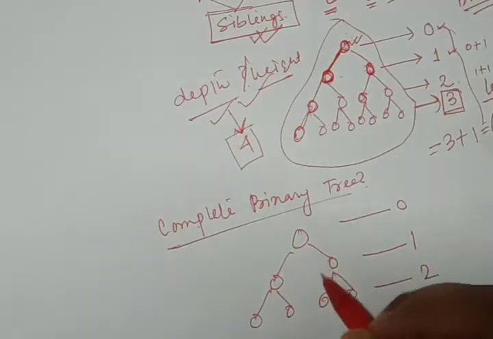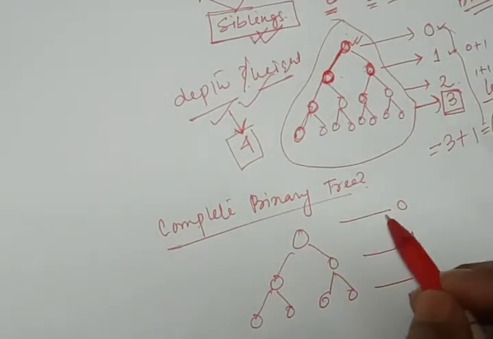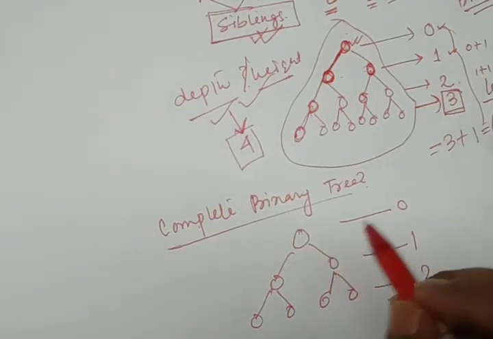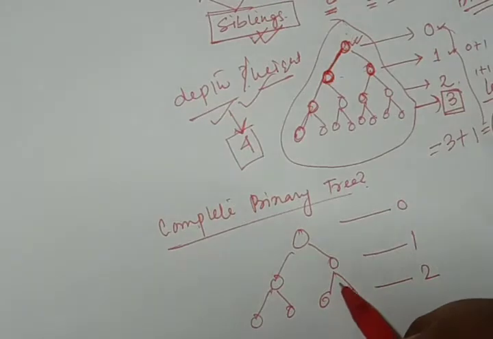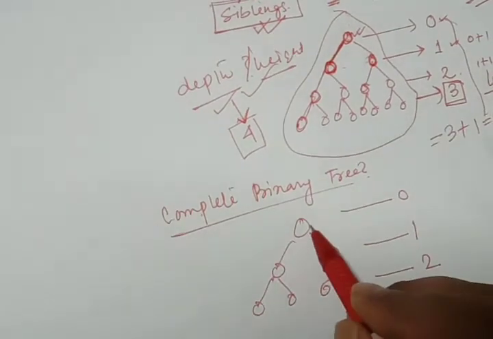So this one is considered a complete binary tree, because in each level we are providing the maximum nodes.